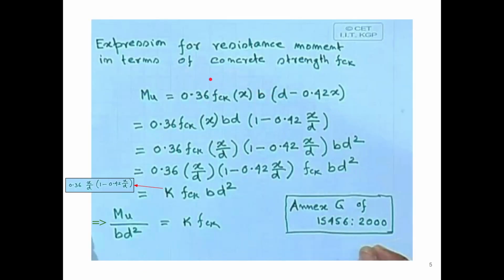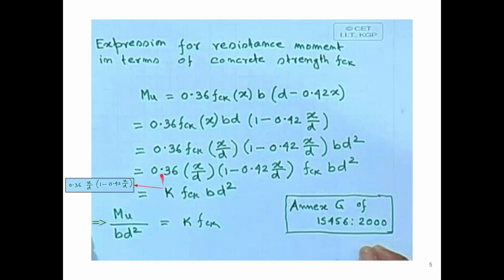As we discussed last class, Mu is equal to 0.36 fck xb into d minus 0.42 x. Dividing and multiplying by d, we get the equation as 0.36 x by d into 1 minus 0.42 x by d, fck bd square.